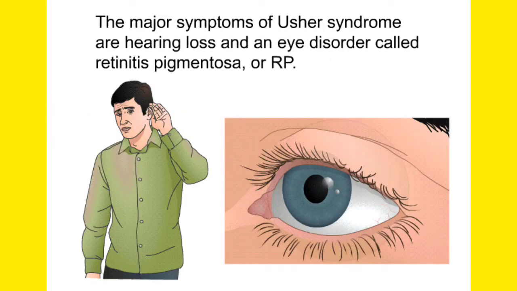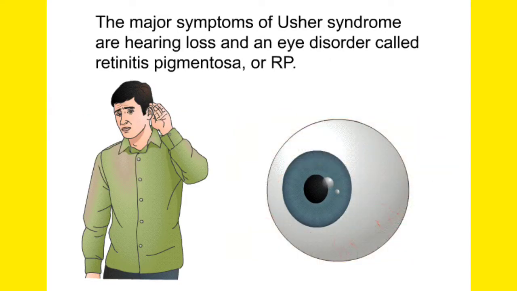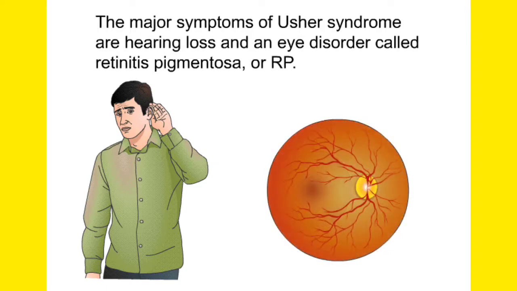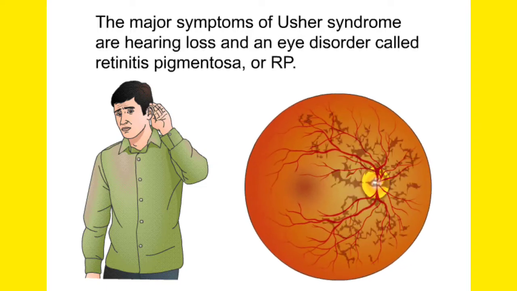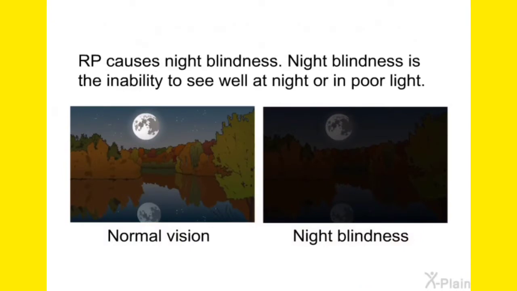The major symptoms of Usher syndrome are hearing loss and an eye disorder. I told you, retinitis pigmentosa. And what happens in retinitis pigmentosa? Retinitis pigmentosa basically causes night blindness. Night blindness means you cannot see at night, or when there is poor or dim light, you cannot see properly.